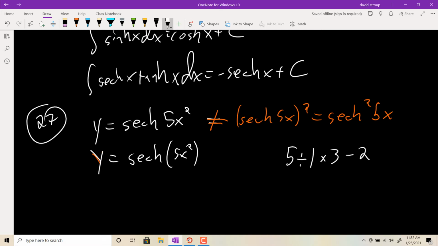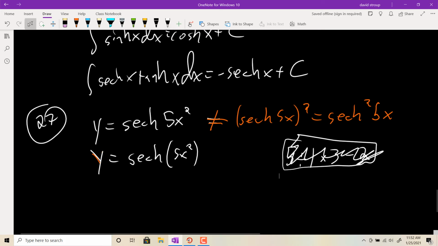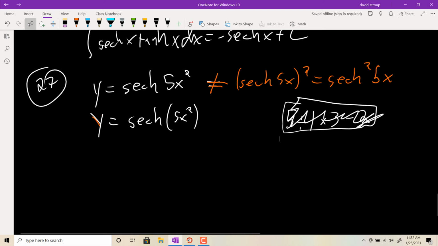It tells you how to read expressions like this. Especially in computer science, it becomes an issue because you have to know how to interpret what the user is typing in. It's an issue for us too, you as a student and me as a teacher. You have to know how to write things. It used to be a lot easier because you would learn by looking up the answers in the back of the book, but now it's not like that. So anyways, long story short, there it is.